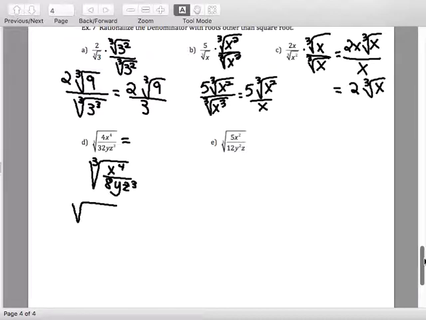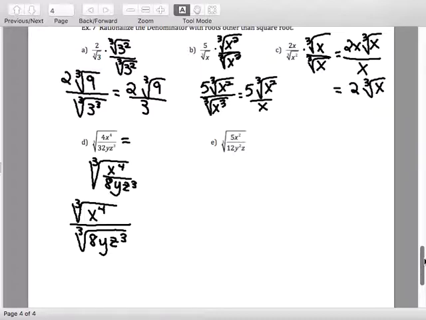Yes. So I'm going to separate it now. The cube root of x to the fourth over the cube root of 8y z cubed. Now this connects to what we did yesterday. We're going to simplify the top radical, and we're going to simplify the bottom radical before we try to rationalize.